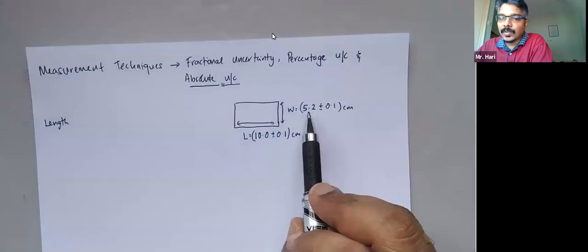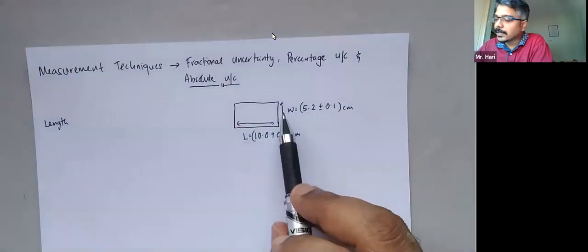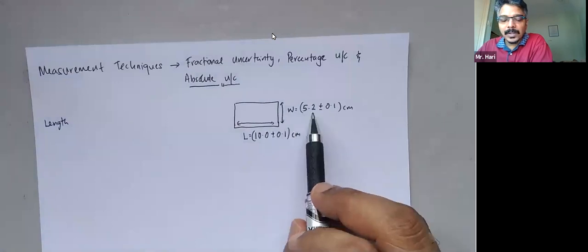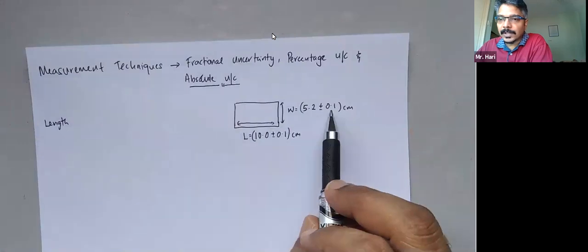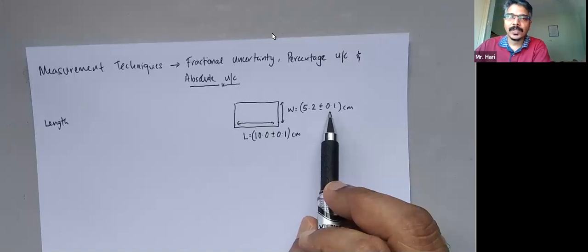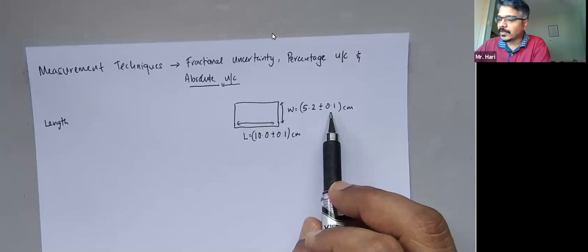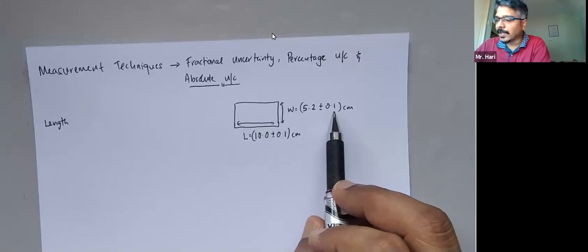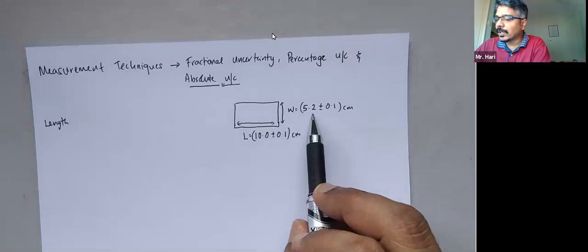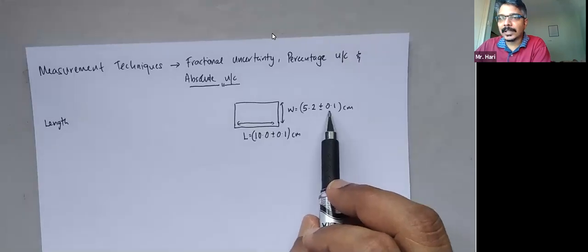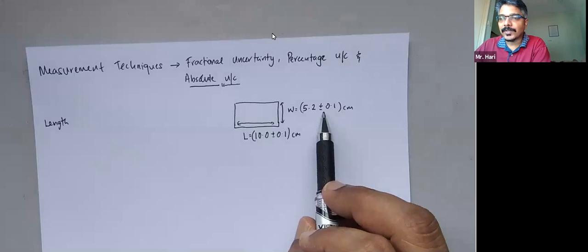This value comes from the measurement, and I'm just giving an example where it depends on the accuracy of the measuring tool. In this case it is the meter rule, whose accuracy is 1 millimeter or 0.1 centimeter. So the accuracy of the value is given by the accuracy of the measuring tool.